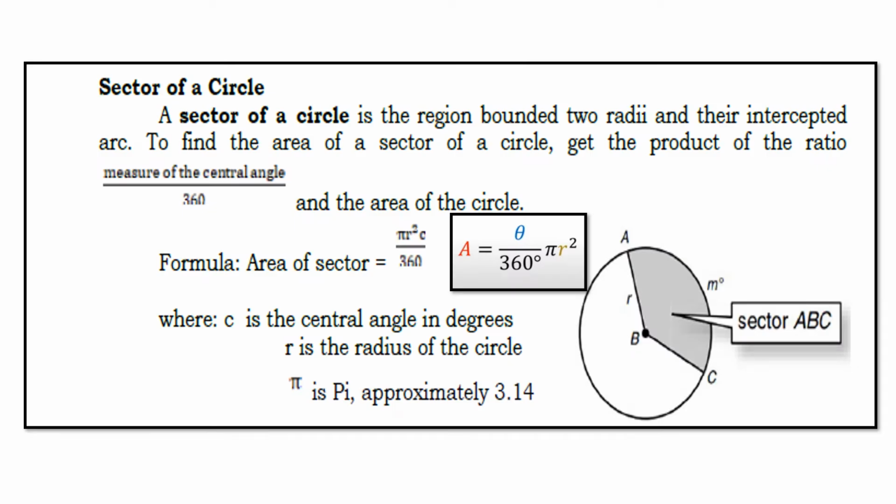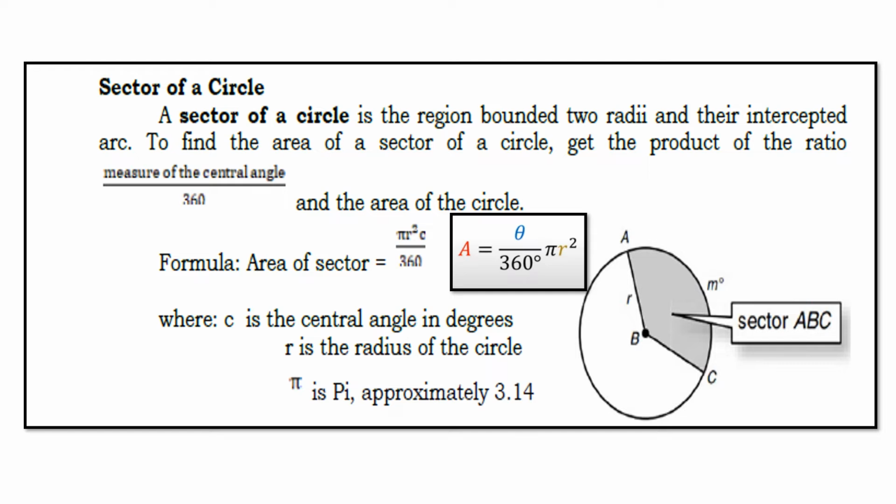A sector of a circle is the region bounded by two radii and their intercepted arc. To find the area of a sector of a circle, get the product of the ratio. So, we have the given formula of the area of the sector: pi r squared C over 360.